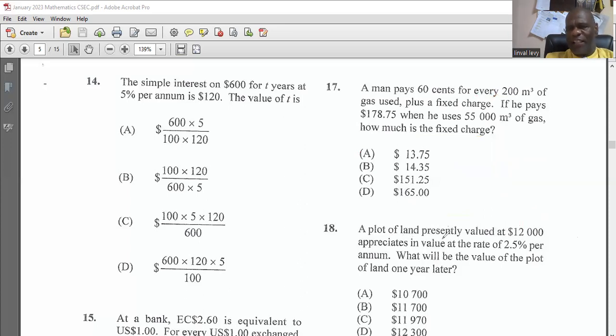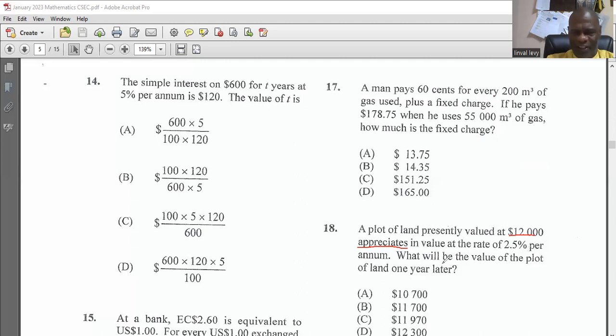So a plot of land presently valued at $12,000 appreciates. Now, the word appreciate means that it's going to what? Increase in value. So you're adding value. So it's appreciating in value at the rate of 2.5% per year or per annum.